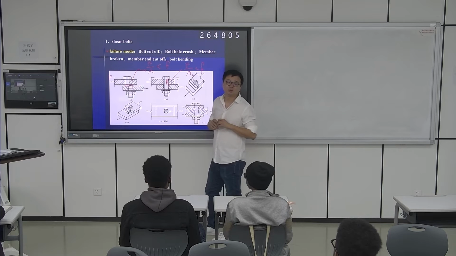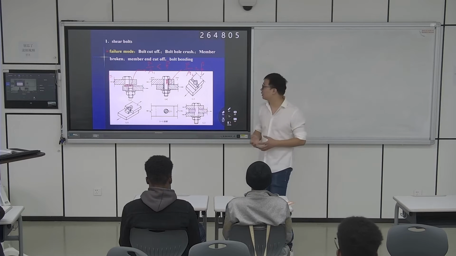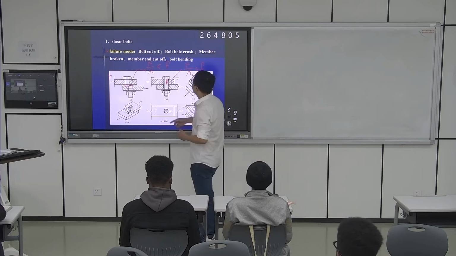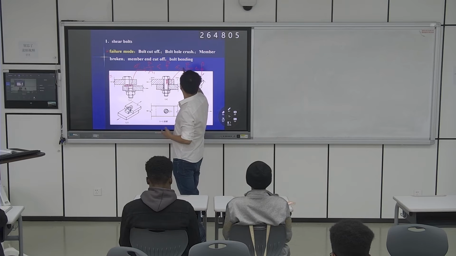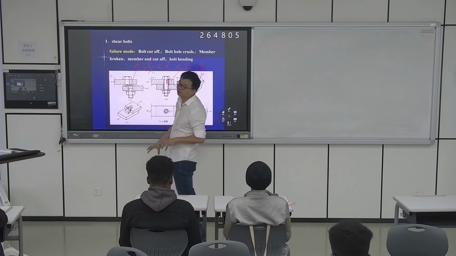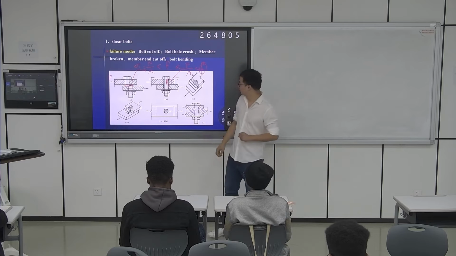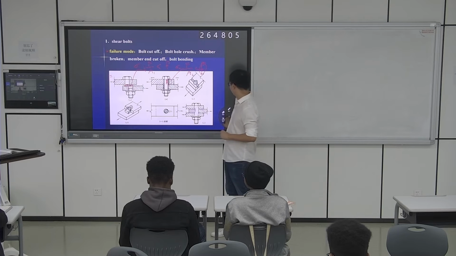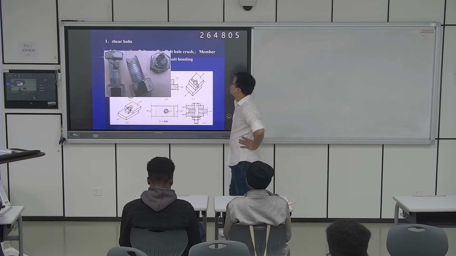Clear? This A1 and A2 are different, so you can compare. For example, this is sigma 1, this is sigma 2. We choose the minimum to compare with the force F. Clear?